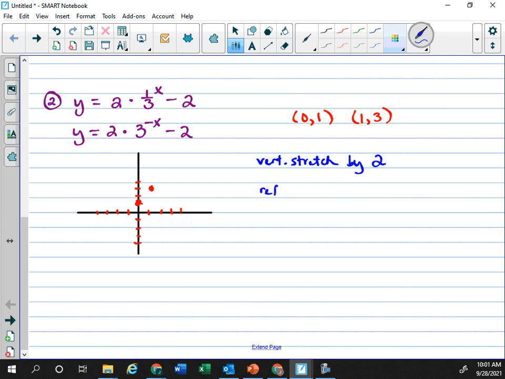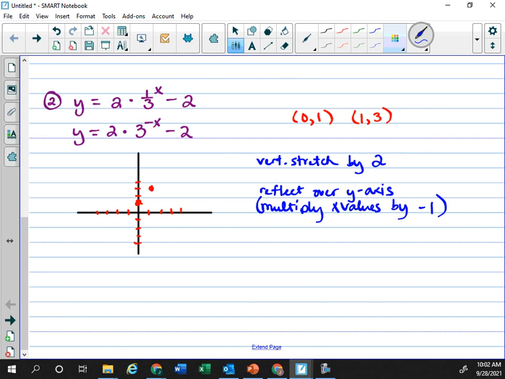So reflect over the y-axis. What that means is multiply x values by -1. So I'm going to do both of those all in one step.